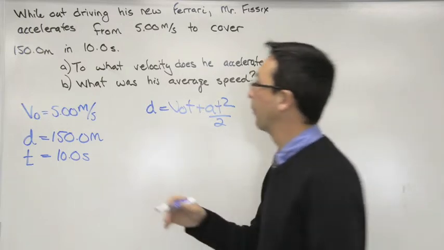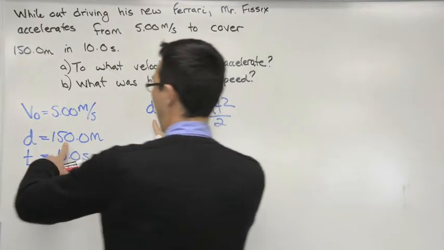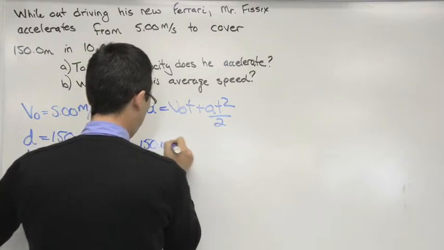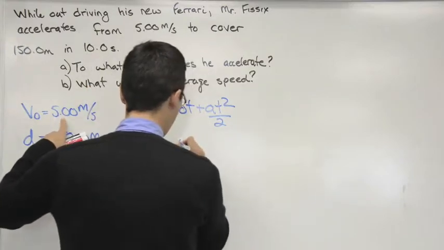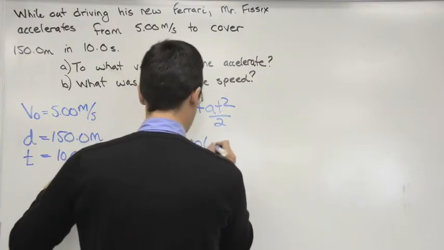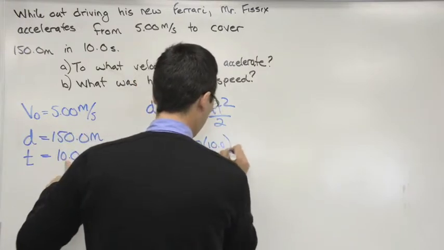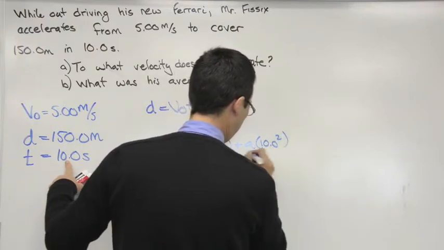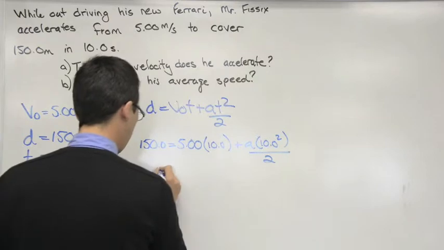Let's substitute. For distance, 150 meters. For initial velocity, 5. For time is 10. Find the acceleration.